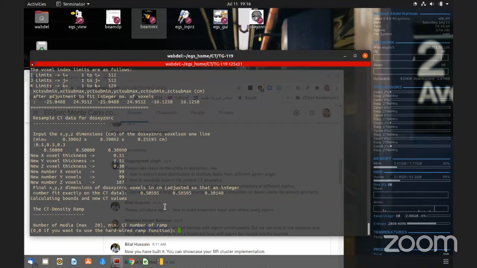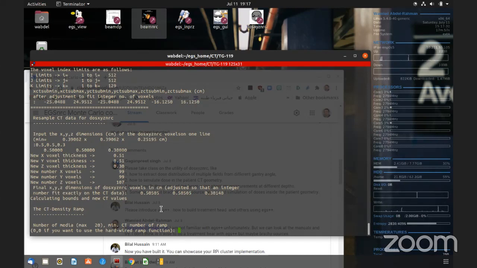It depends also on the number of materials you're going to have in the CT data, CT numbers. Okay. So we can use the simplest way.